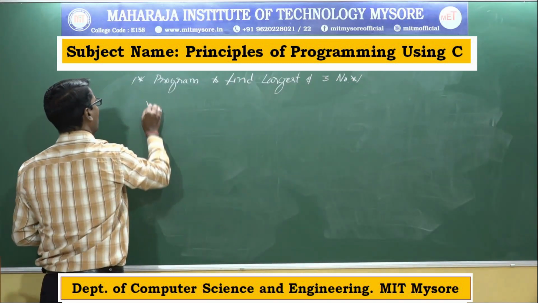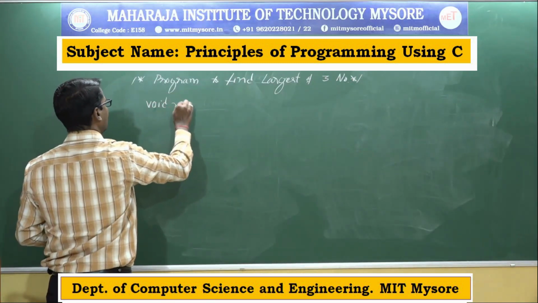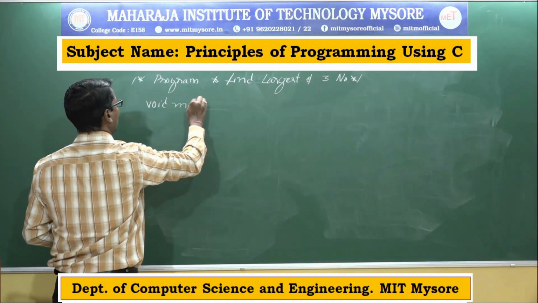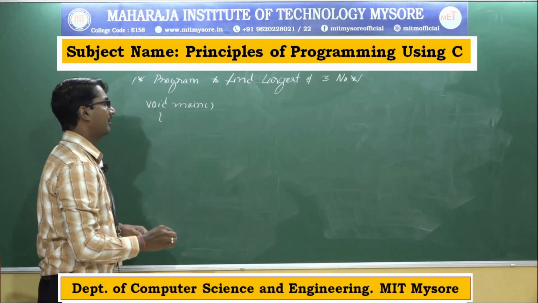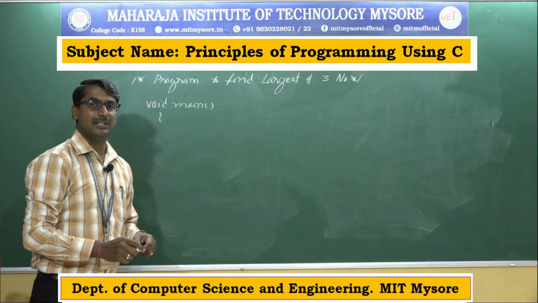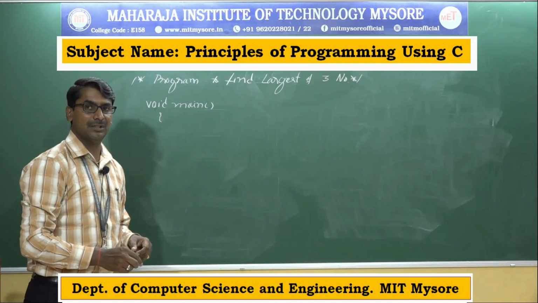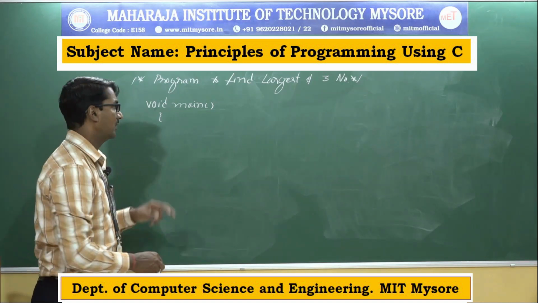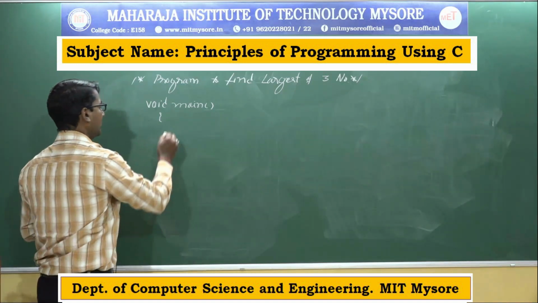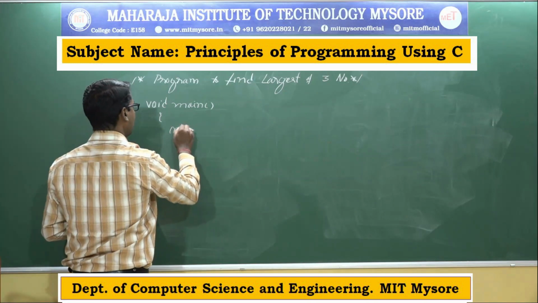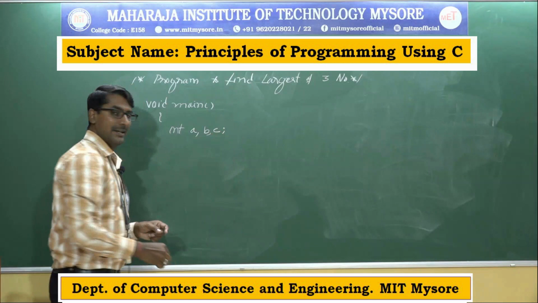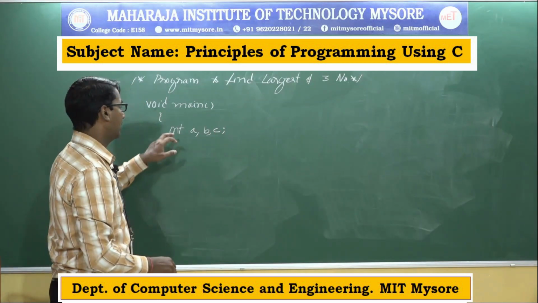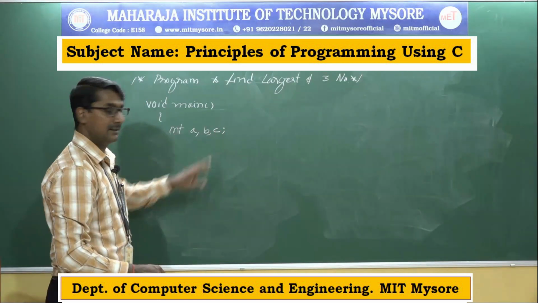So here, void main. The program name itself indicates we need to find the largest of three numbers. So in order to find the largest of three numbers, we require three inputs of type integer, int a, b and c. So I have considered three variables a, b, c.